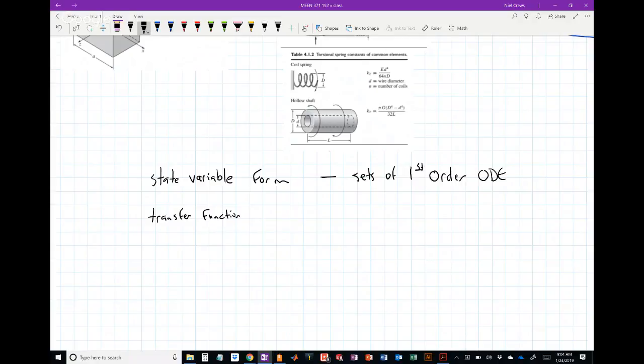Transfer functions are going to be sets of, I'm going to change this to model. Sets of transfer functions define the system.